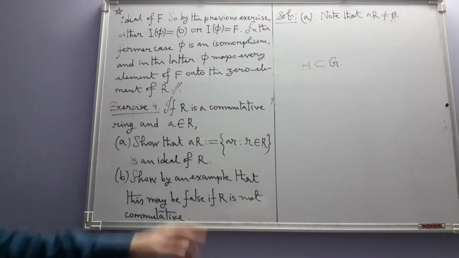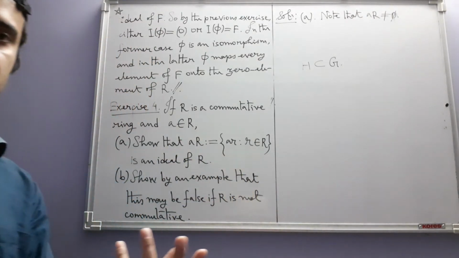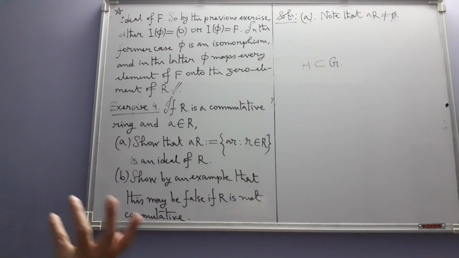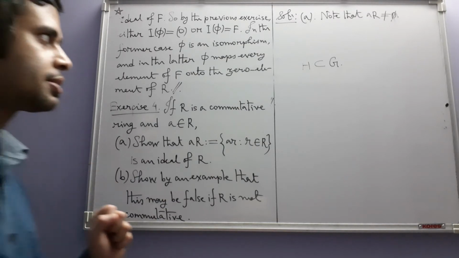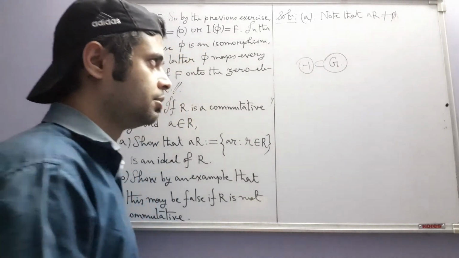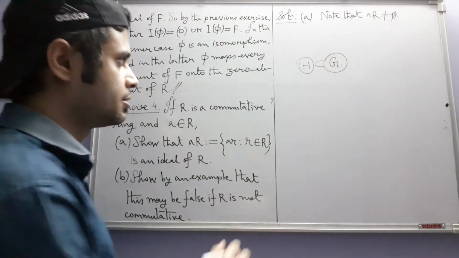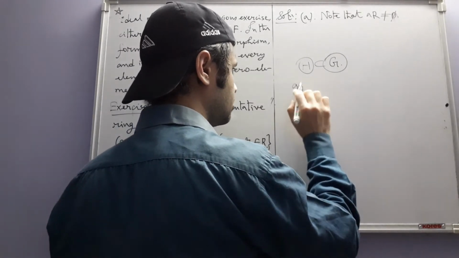To prove that aR is an ideal, we first of all have to show that aR is an additive subgroup of R, then only the second condition will be verified. So in showing that a subset H is a subgroup of a group, the usual procedure is just this.